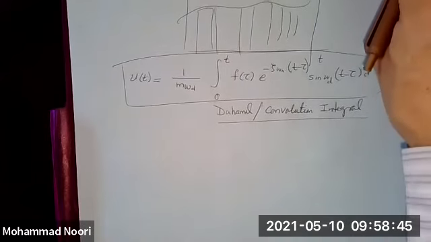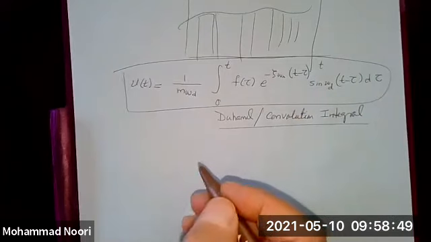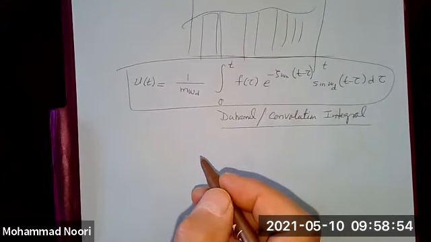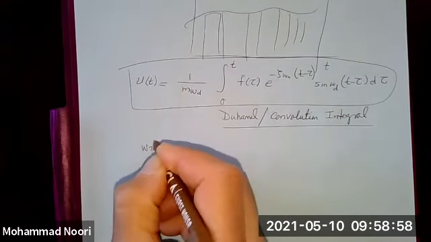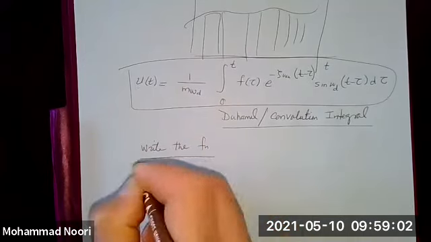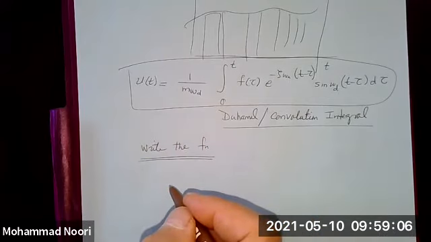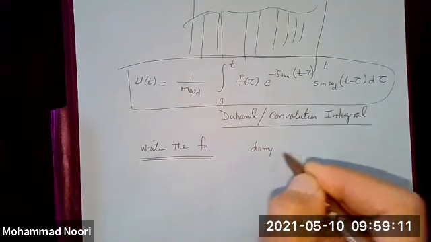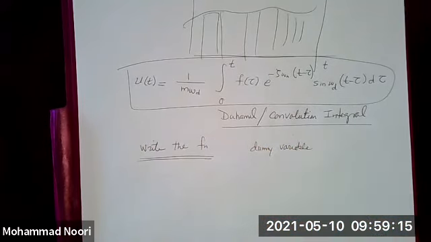Evaluation of the response under the action of a general loading function comes down to this: you write the function that you're given, and you consider a dummy variable tau if you want to have a procedure for solving the problem.